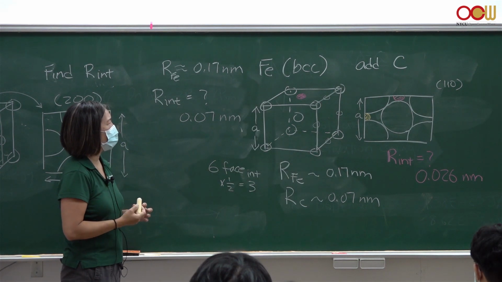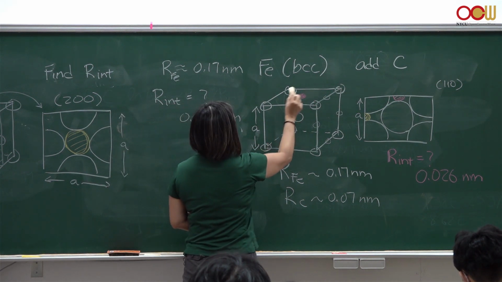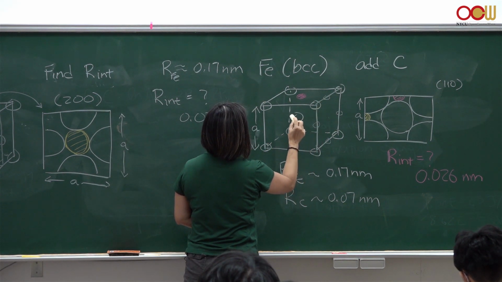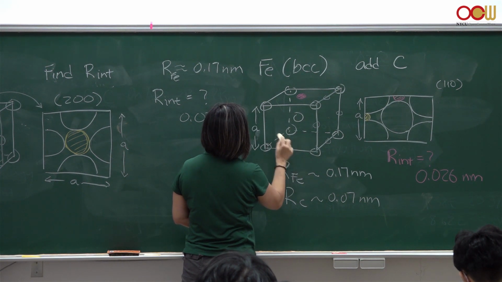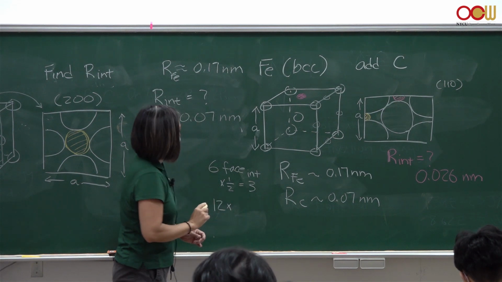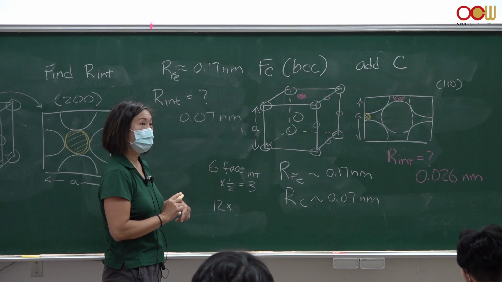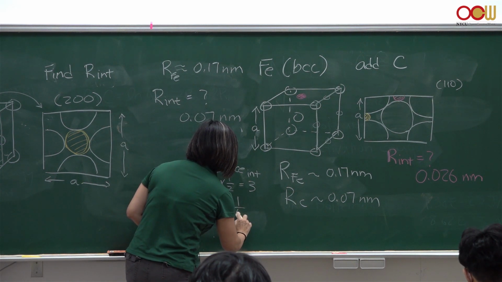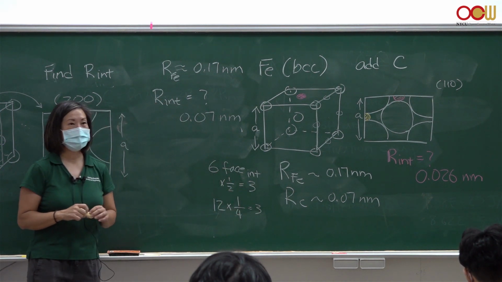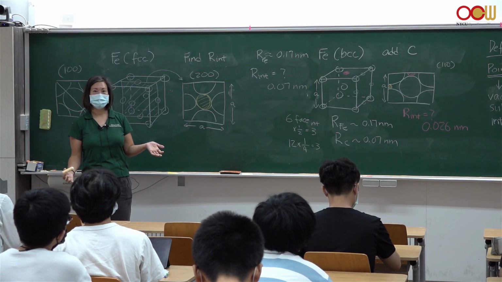How many of them are there per unit cell? So you have 1, 2, 3, 4, 5, 6, 7, 8, 9, 10, 11, 12. And each one is shared by how many? 4. So 1/4. So you have a total of 6 interstitial sites. They're smaller, but there are more of them.